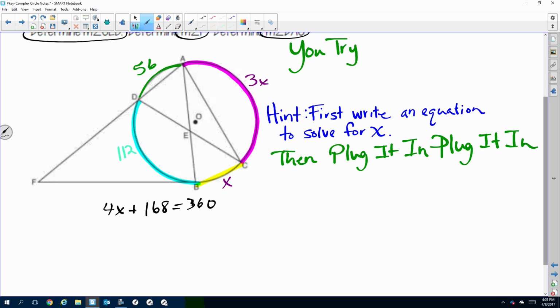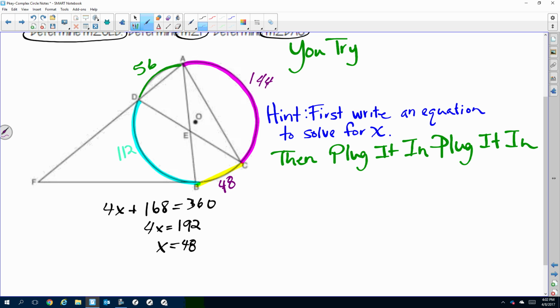Then we solve for x, which gives us 4x equals 192, so x equals 48. Now that I know what x is, arc BC is 48 because that was the x, and AC, which was 3x, is going to be 144.